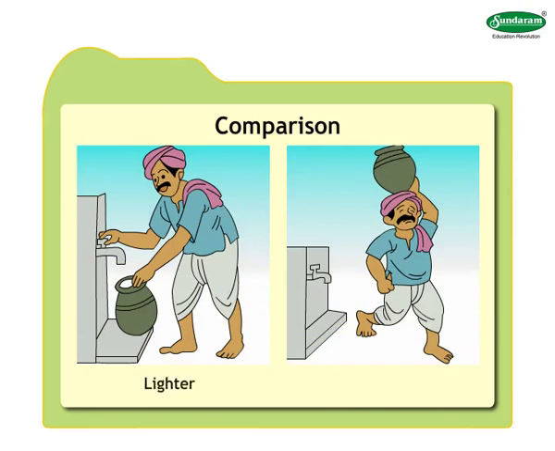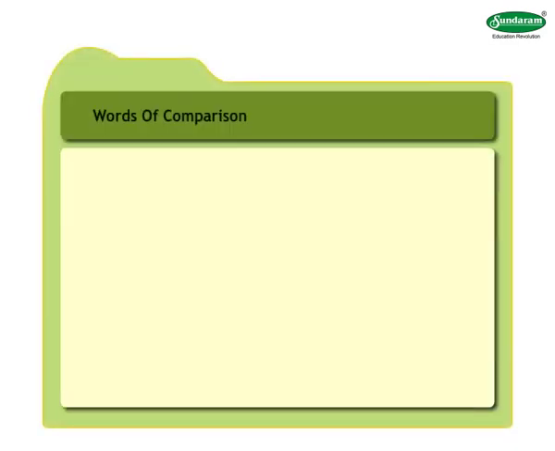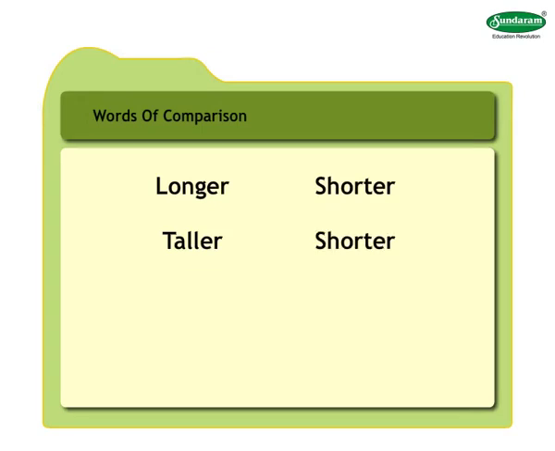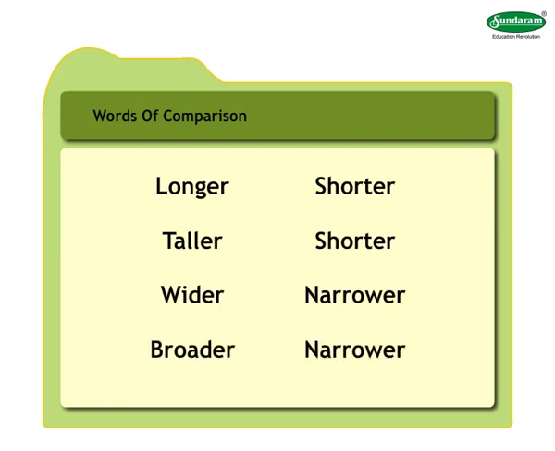The empty pot is lighter than the pot filled with water. Let us learn a few more words of comparison like longer, shorter, taller, shorter, wider, narrower, or broader, narrower, with the help of some examples.